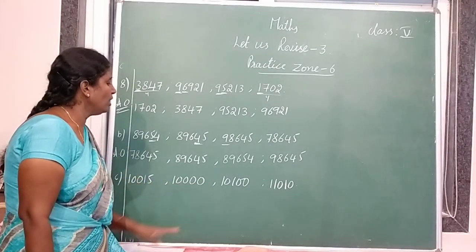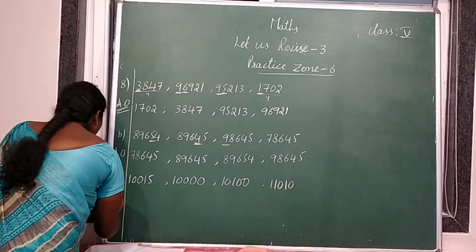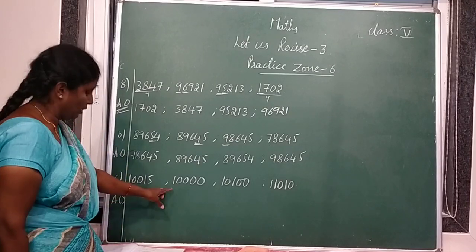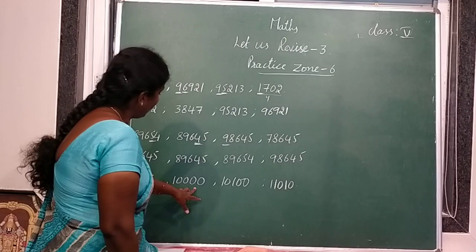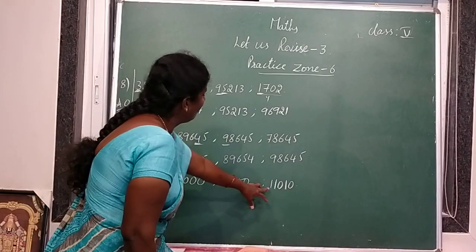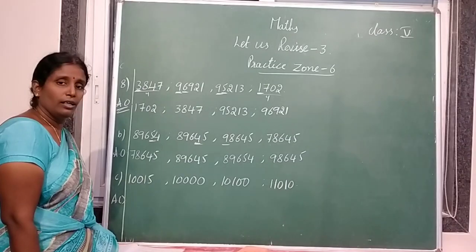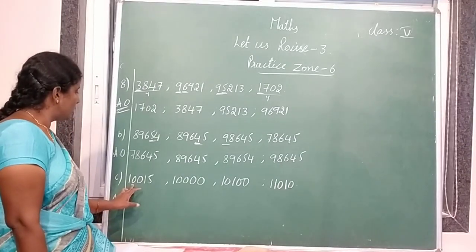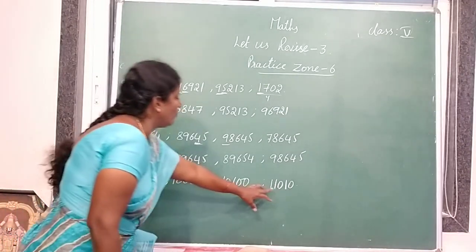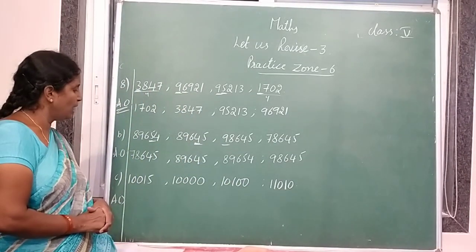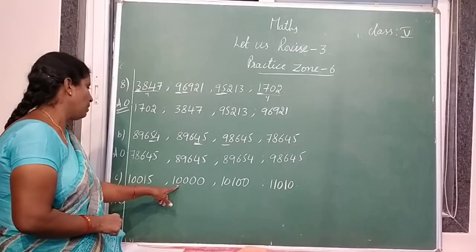Find out the smallest number. All are 5-digit numbers. 1 in the 10,000s place, 1 in the 10,000s place, 1 in the 10,000s place. So check the thousands place digits. 0, 0, 0, 1. Which one is smaller? 0 is smaller.